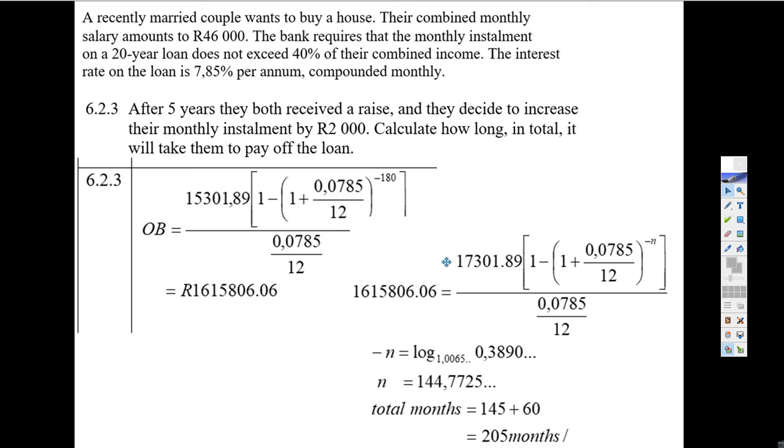Now, I haven't shown all the algebra of what you do here, but when you're trying to get this 1 minus 1 plus I thing, you're trying to figure out N. This is what you have to do. On your calculator, you take this big number, you multiply it by the number in the bottom, and then you divide by this number here.